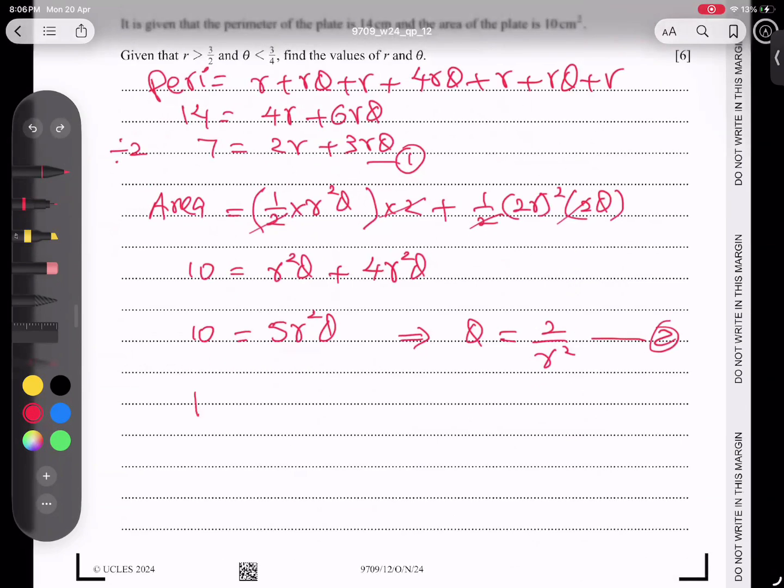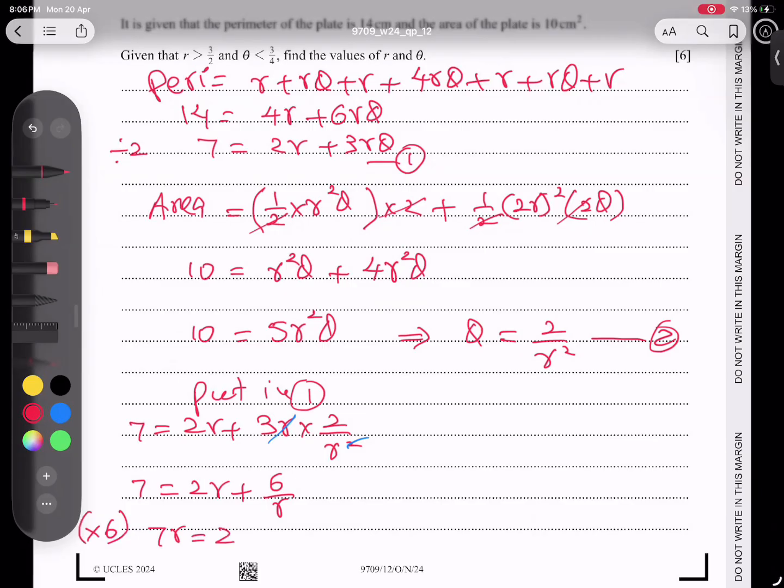So in equation 1, 7 equals 2r plus 3r times theta, and theta goes back here as 2 over r squared. One r will cancel, so I get 7 equals 2r plus 6 over r. Multiply by r to make the equation easy: 2r squared plus 6. Then I get 2r squared minus 7r plus 6 equals 0. 6 twos are 12 and 4 threes are 12.